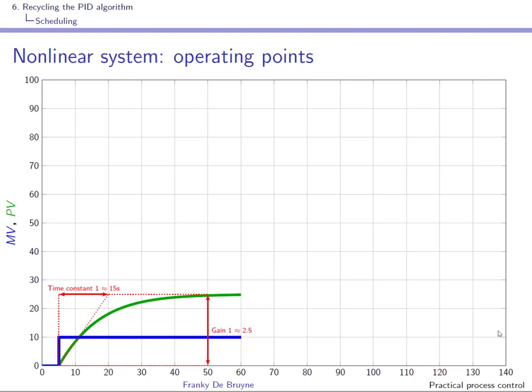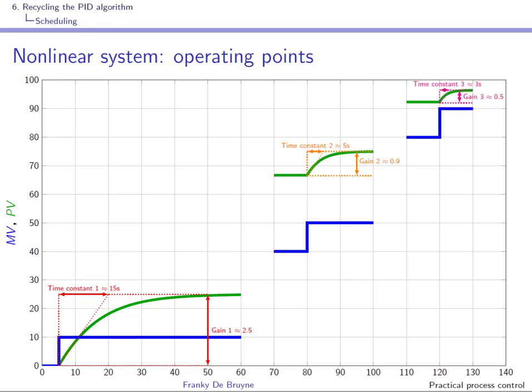We have seen previously that the system can be non-linear. This means that if you perform an open loop step response, here with a step of delta V that is 10, the response might be very different if you look at a change from 0 to 10, or a change from 40 to 50, or a change from 80 to 90.